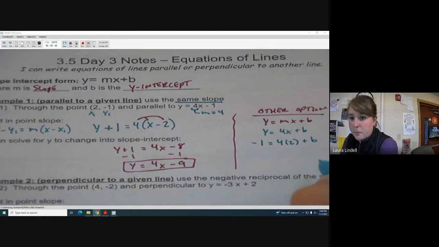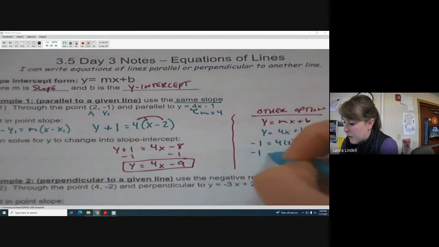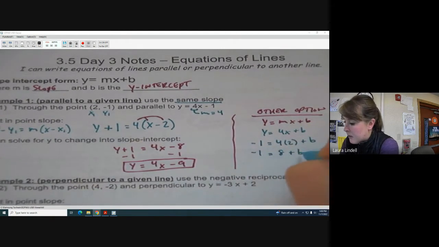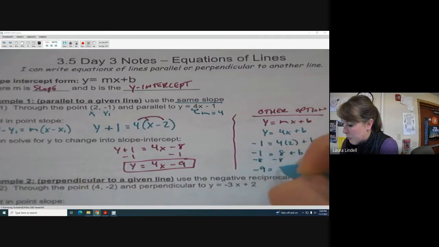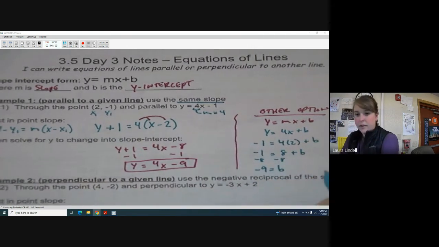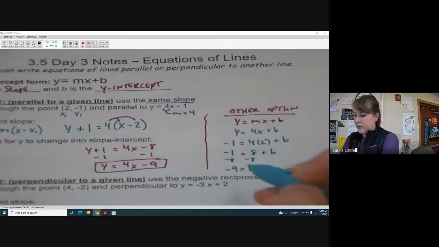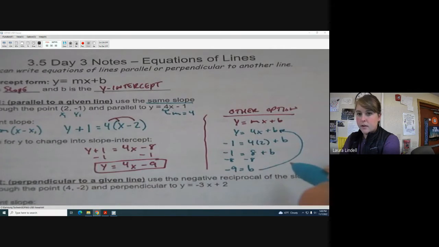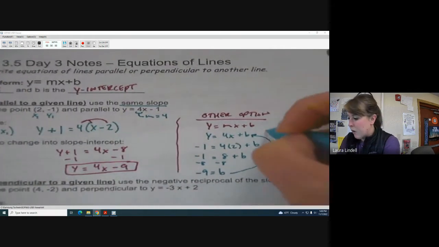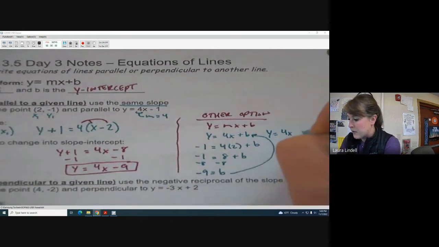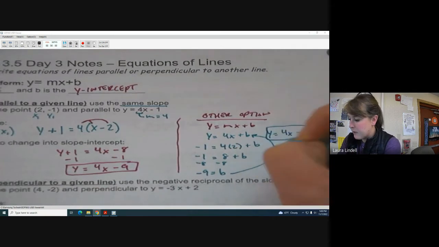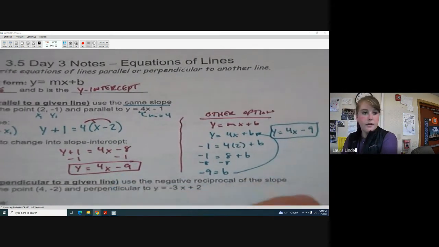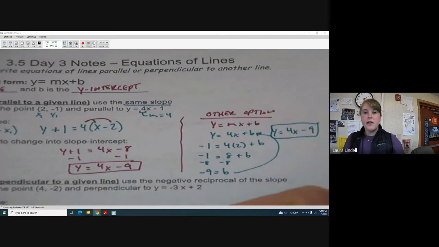And then solve for b. So I could go -1 equals 8 plus b, minus 8 on both sides. So we know that -9 equals b. So then at the end, I substitute -9 up here for b so that we get y equals 4x minus 9, just like we got over here. Okay. So that's another option.